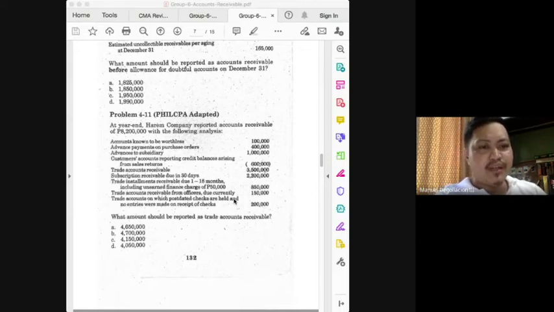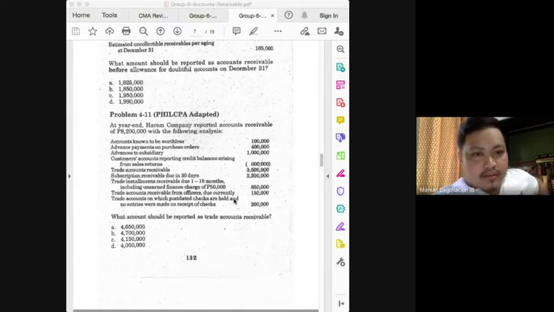What do we do with worthless accounts? They are supposed to be written off. They are supposed to be derecognized. They should no longer be reported in our statement of financial position. Next would be advance payments to purchase orders. This is not in relation to our trade, class. This would be considered as advances to suppliers.